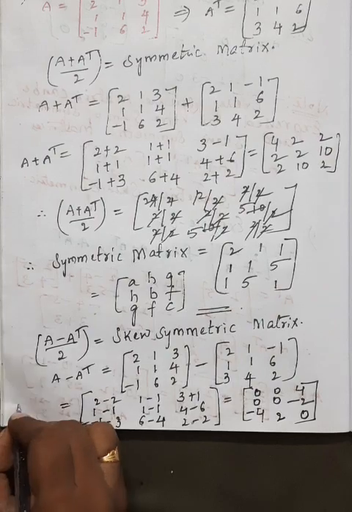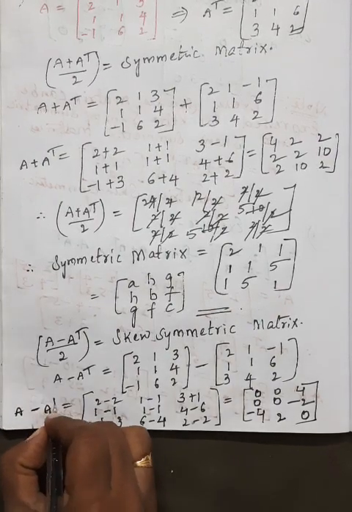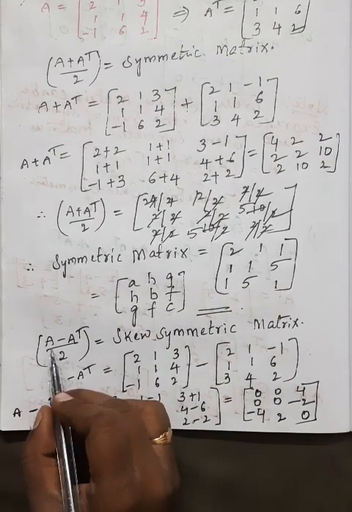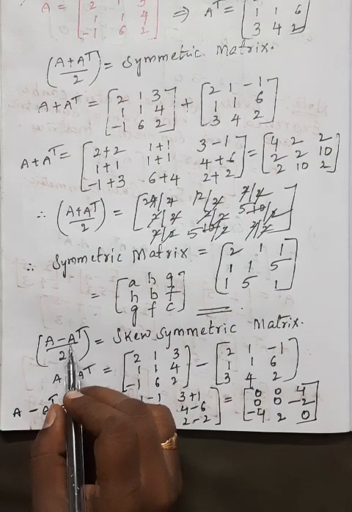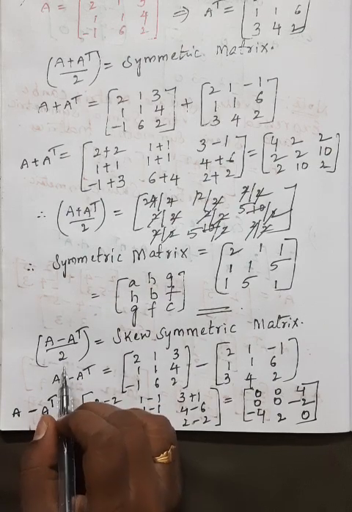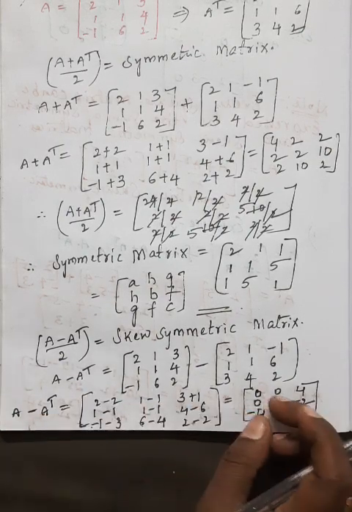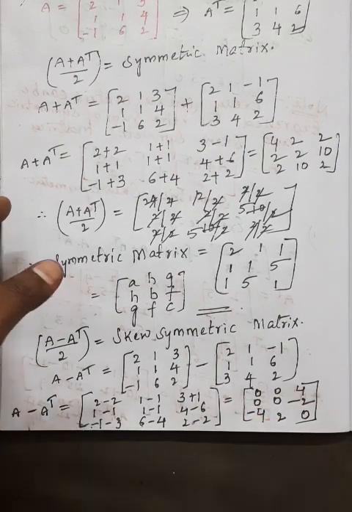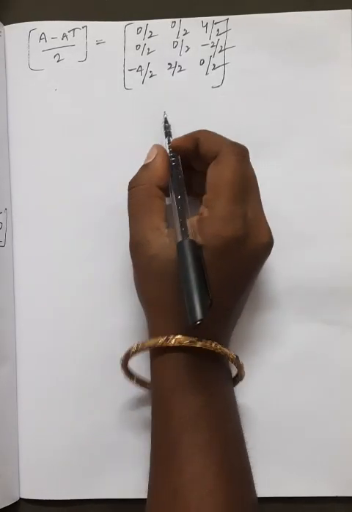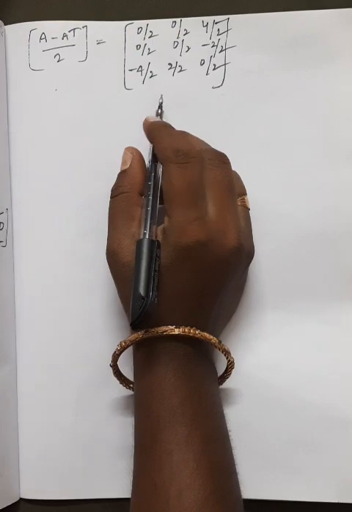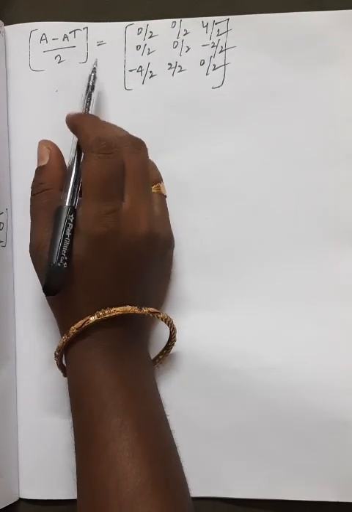So this is A minus A transpose. After getting A minus A transpose, we have to divide by 2.